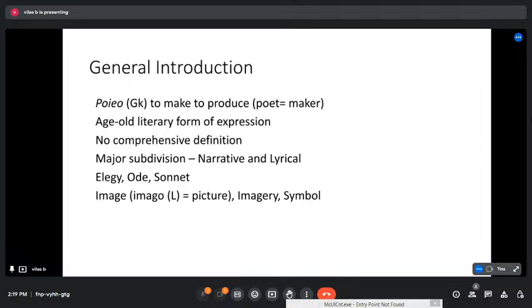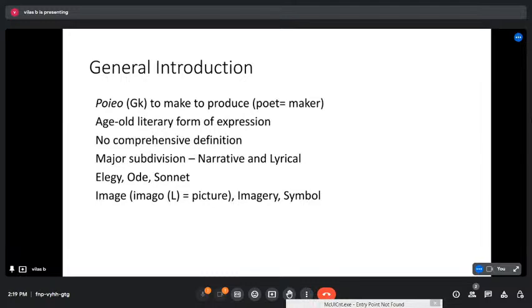Earlier it was a form of oral tradition, and people used to sing poems accompanied by certain instruments, maybe harp or drum. The word seems derived from the Greek word poio, which means to make or to produce. And the poet who composes a poem is called maker or creator.